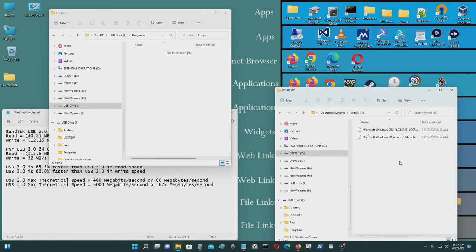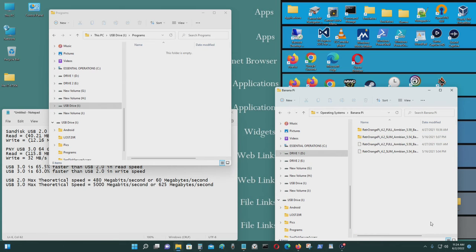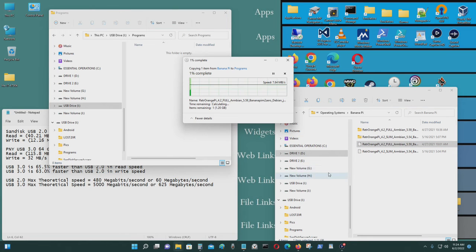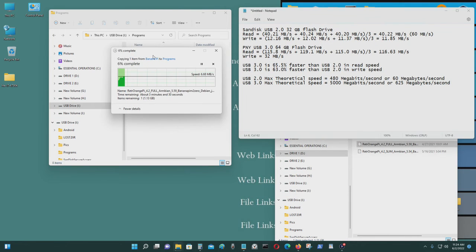Maybe something like this. I can transfer it. Transfer speed is about 5 to 6 in terms of real values, not the benchmark.